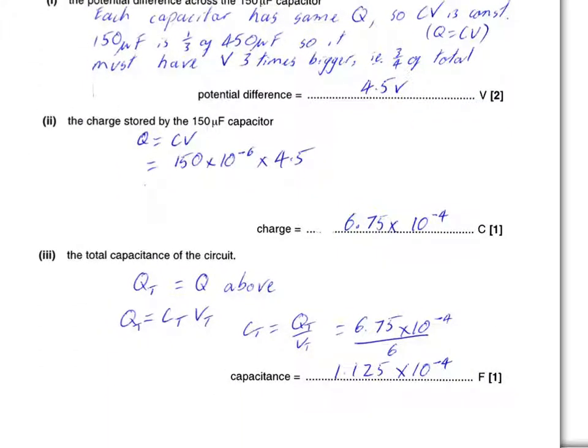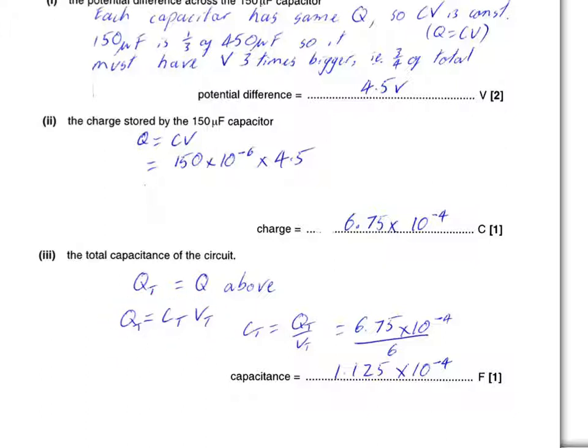Then I'm asked to calculate the total capacitance of the circuit. Now, following this logic, there is another way, which no doubt you spotted. If I've got that charge, then I know that charge, as well as being the charge on the 150 microfarads, has to be the charge on the overall capacitance, so the total charge is that, and the total charge is total capacitance times the total PD.